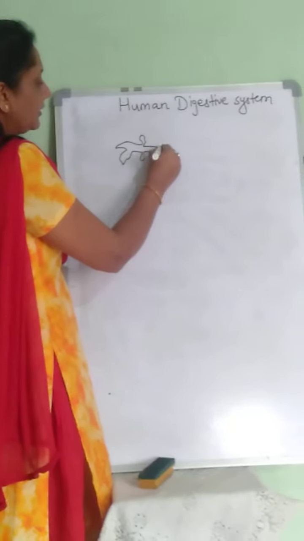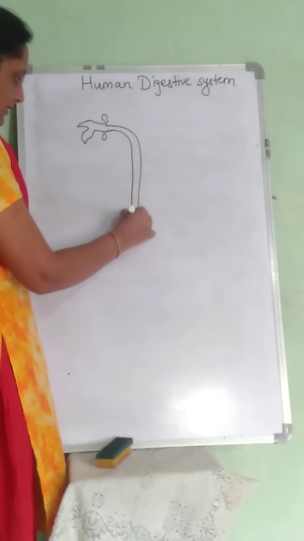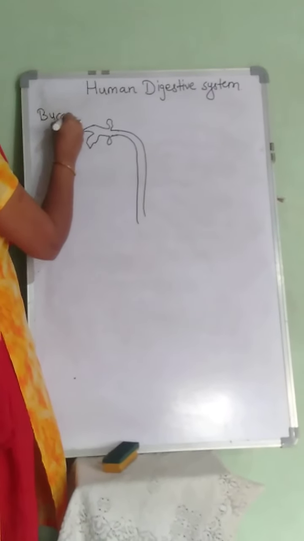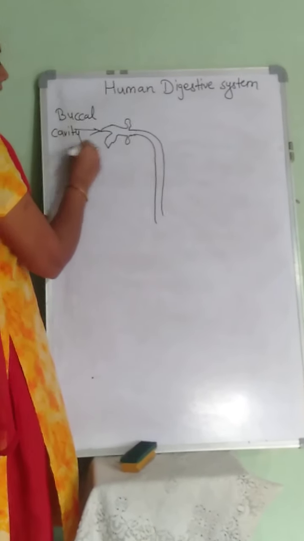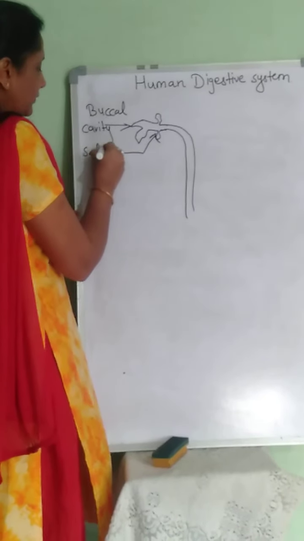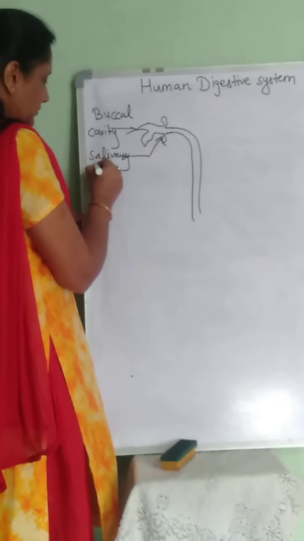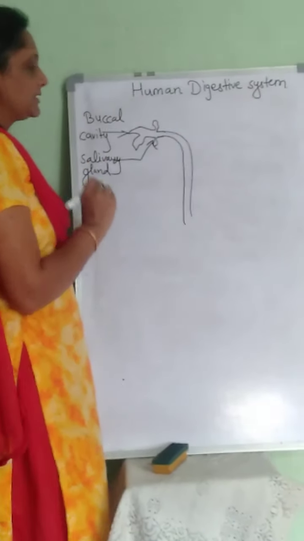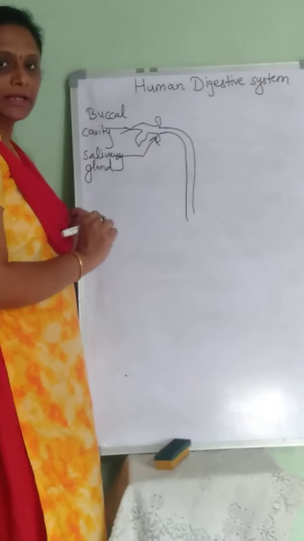So I label this as the buccal cavity, and these are the salivary glands, which are very important in the process of digestion. How, we are going to discuss later. First we will see all the organs. So this is the salivary gland and this is the buccal cavity.